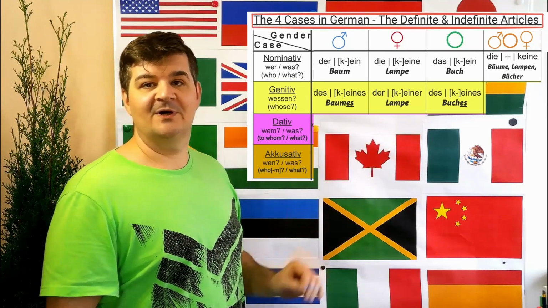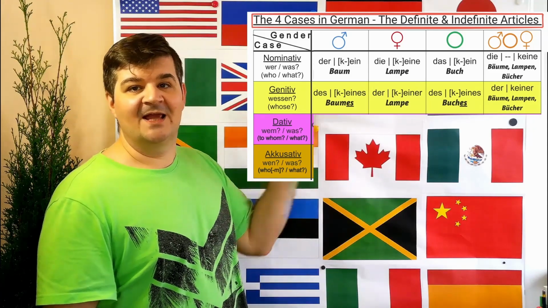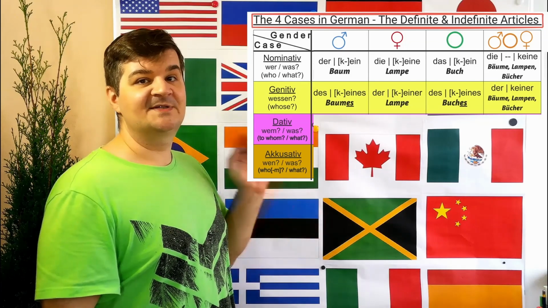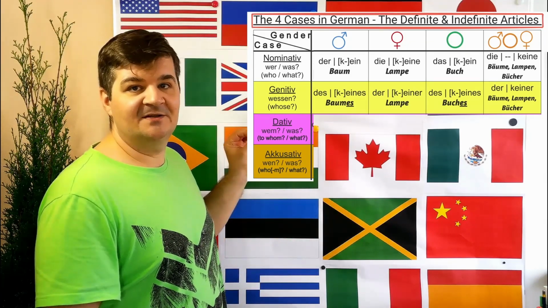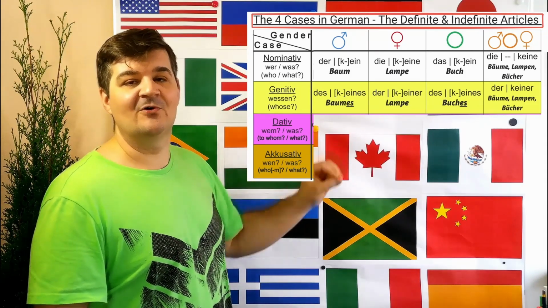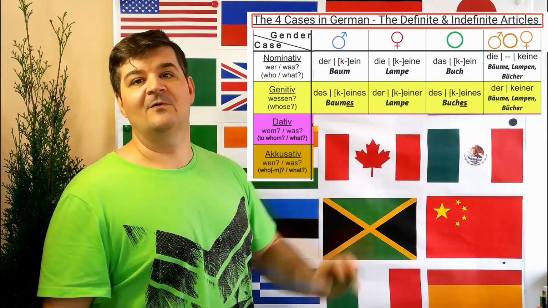And for the plural ones here, der Bäume, der Lampen, and der Bücher. You see, the word here, at least in genitive, changes a bit at the end. It also gets an S more, except for the female gender and the plural form.